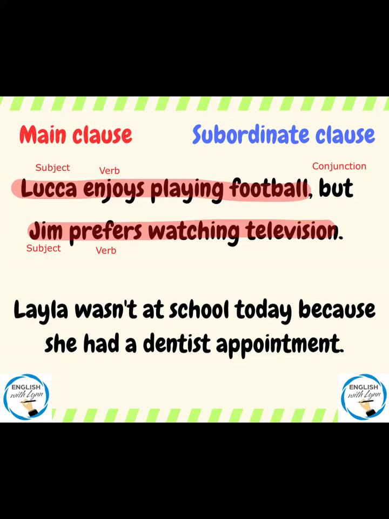And then the final sentence: Layla wasn't at school today because she had a dentist appointment. Layla is my subject. And was not is my verb. It is in the negative form because it has a not with it. At school today, that part there is a phrase that shows where.